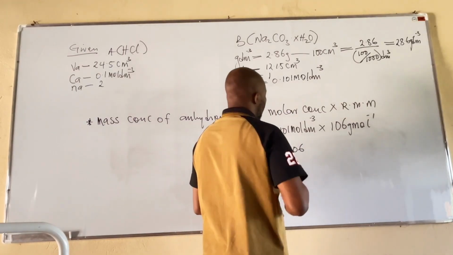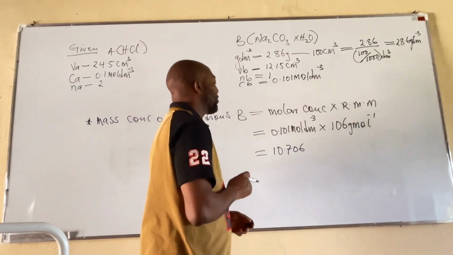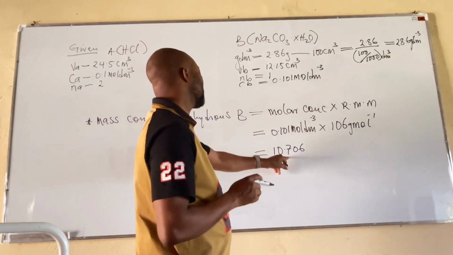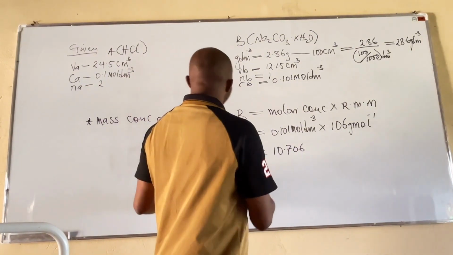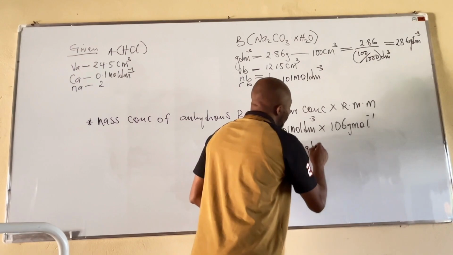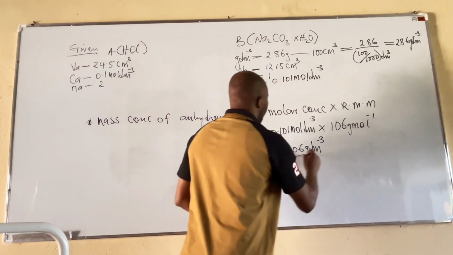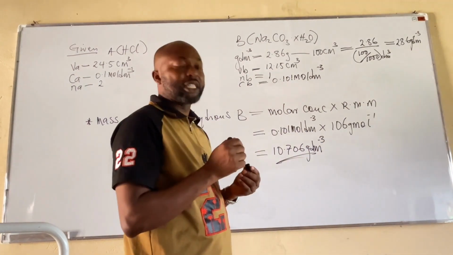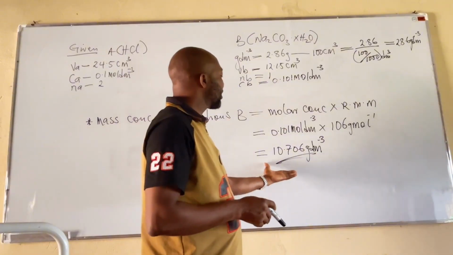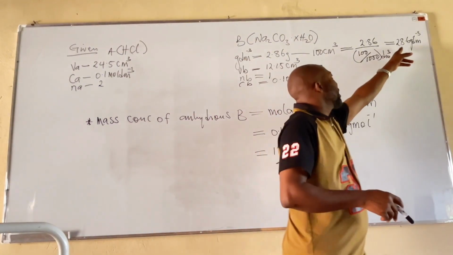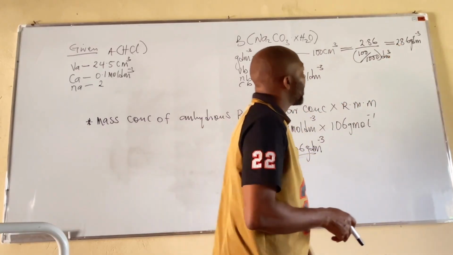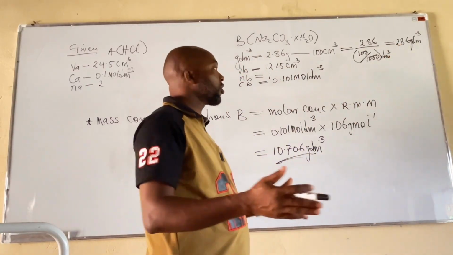If I want to take three significant figures, I can take 10.7, so I can leave it there. So this is the mass in grams per dm³. Comparatively, we have seen that the mass of the anhydrous is lower than that of the hydrated. So from here, we know that we are on track, we're doing the right thing.